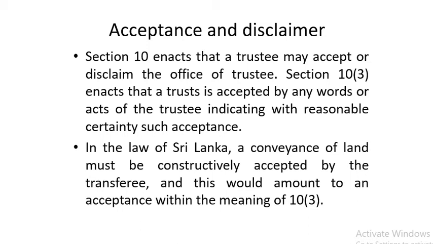In addition to that, in the first place there must be a deed of trust. Then if a person accepts the deed of transfer, it doesn't mean that he accepted the office of the trustee.